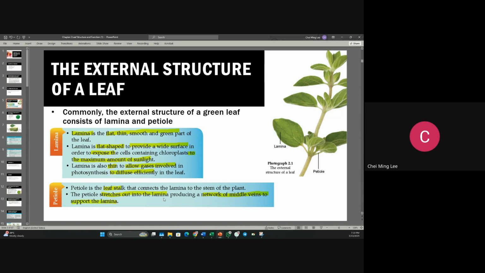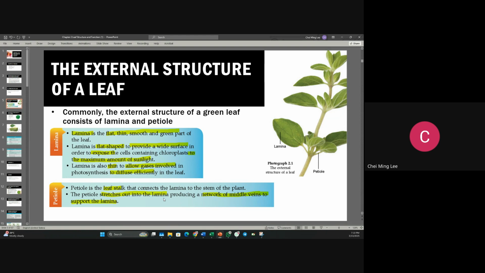So this petiole goes until the end of the edge of the leaf. It has branches. In the middle of a leaf, you can see there's a line there. That line is also part of the petiole. So, like I said, there are not just xylem and phloem inside, but because xylem has lignin, and lignin is hard, it will provide mechanical support for the leaf so that it won't become very limp.